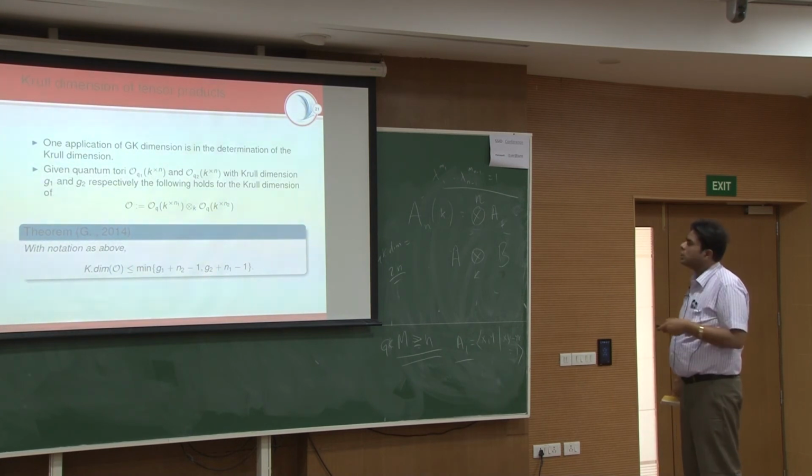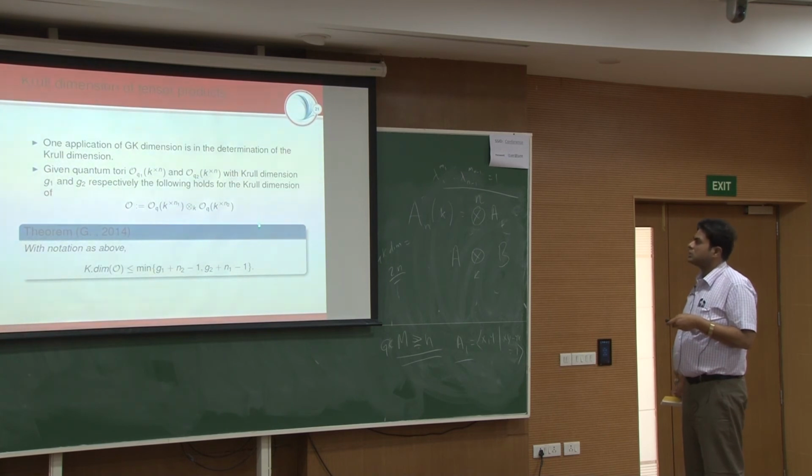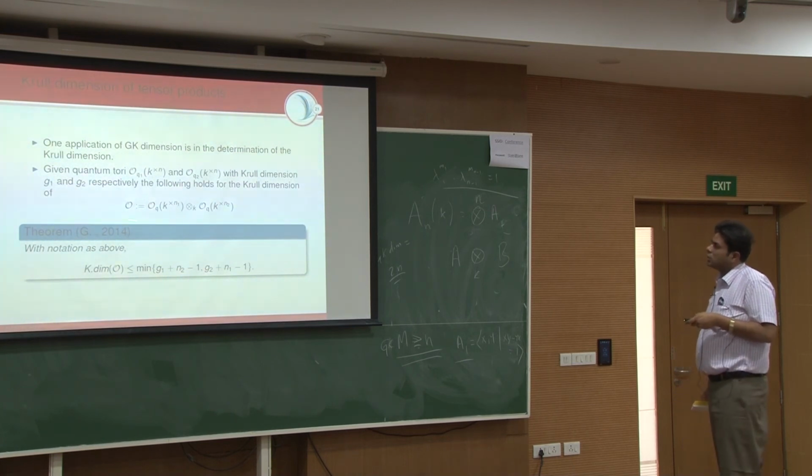with respect to tensoring. For GK dimension, the answer is easy. It is just additive, a sum of these. But Krull dimension is not always a sum. We have shown this inequality, that the Krull dimension is bounded by these two numbers, where N1 and N2 are numbers coming from here.